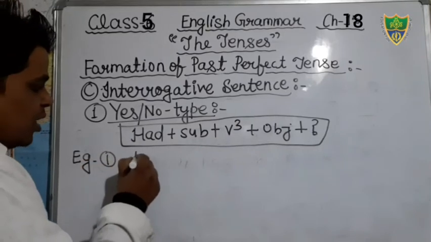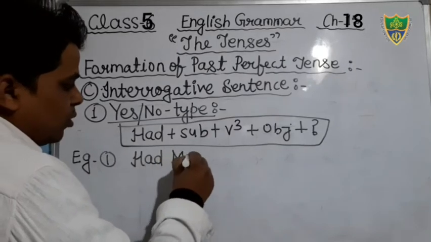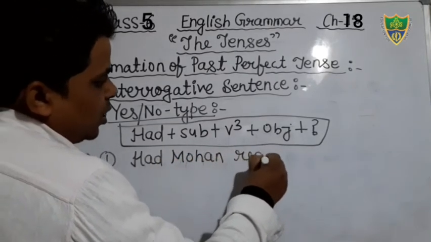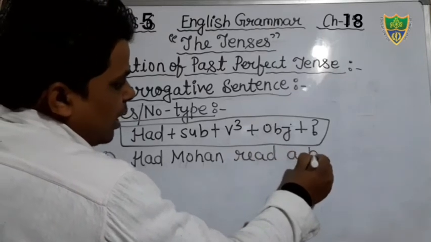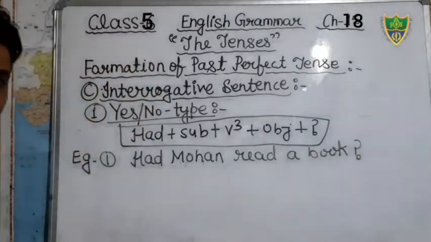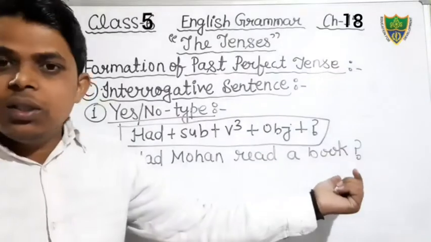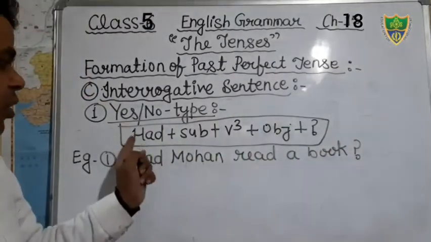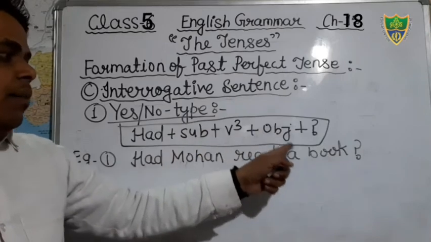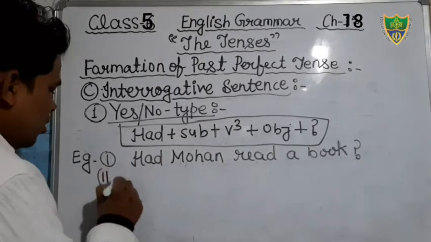You see, had Mohan read a book? Okay, you can see, had Mohan read a book? This is the sentence that is based on this structure: had, subject, third form of the verb, object, question mark. And one more sentence we can see.